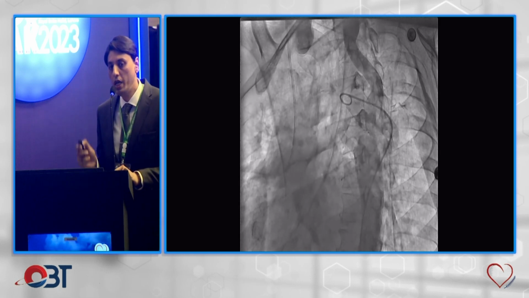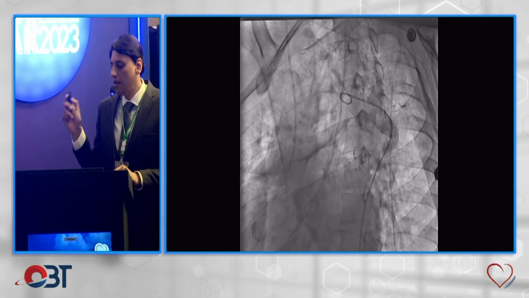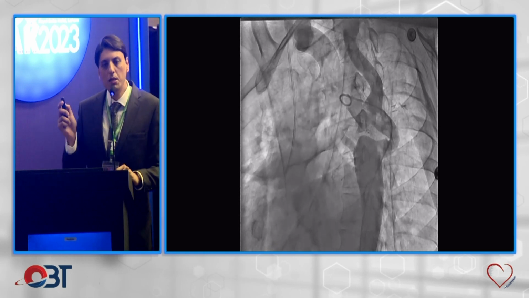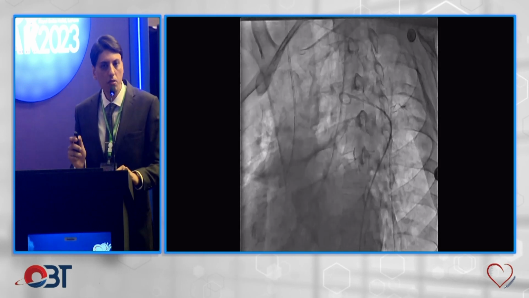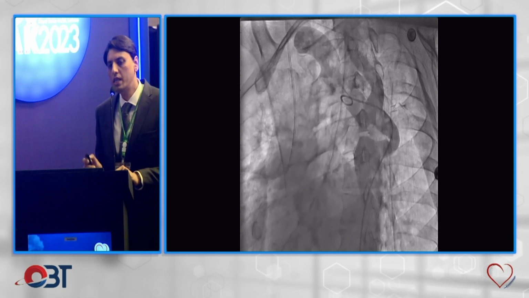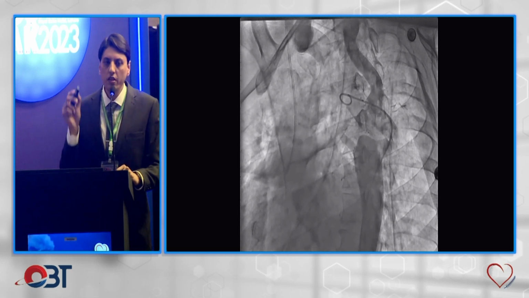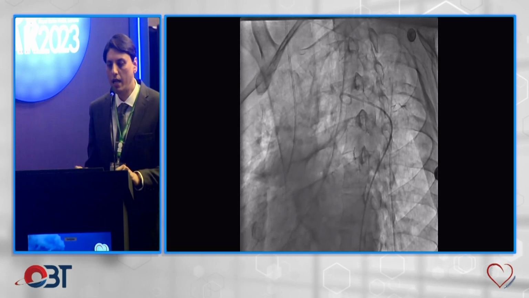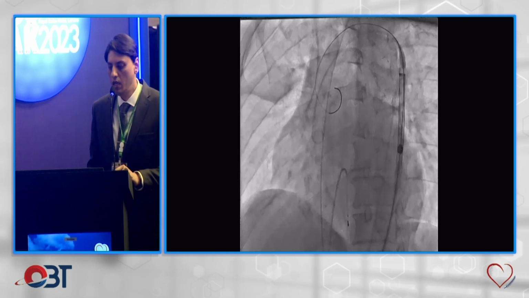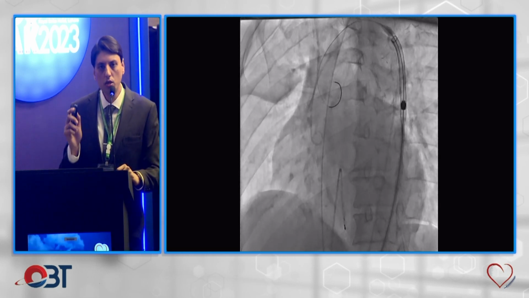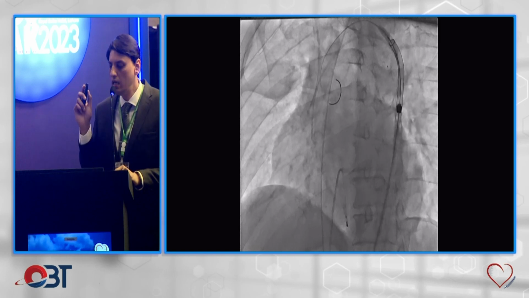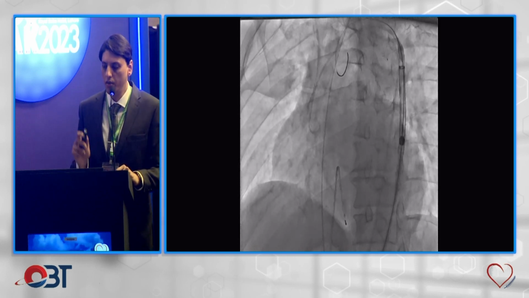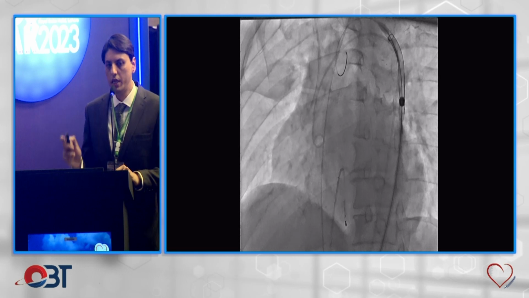You can really appreciate the bend in the coarct. The minimum diameter was 7.7 millimeters. So our first problem was, will we be able to cross our valve through this graft? So to test that, we took a Lunderquist wire and we crossed our delivery system without the valve, and it went nicely.